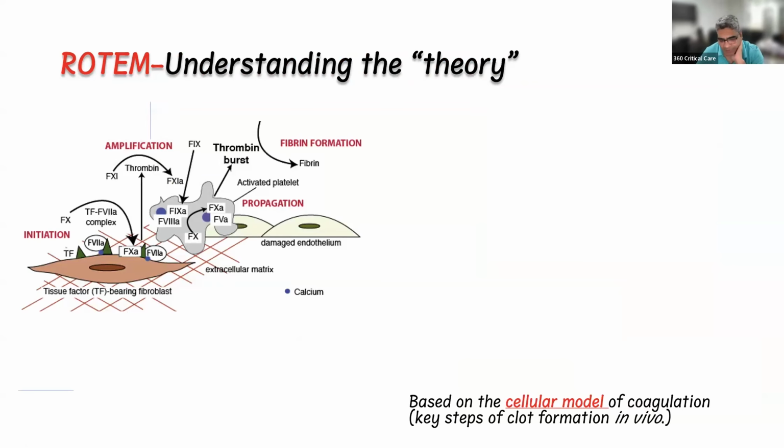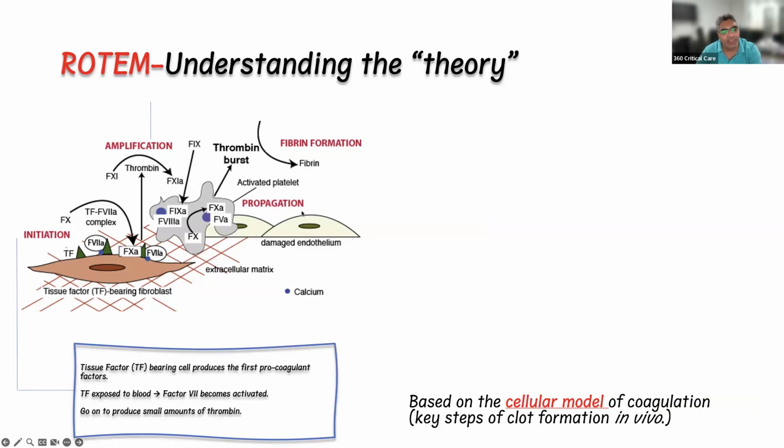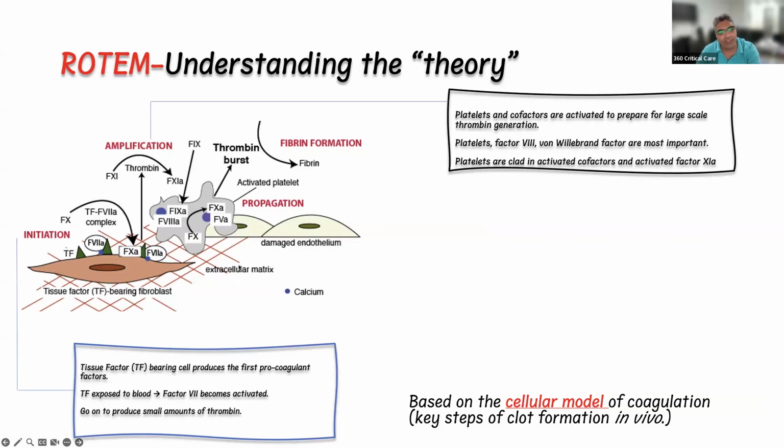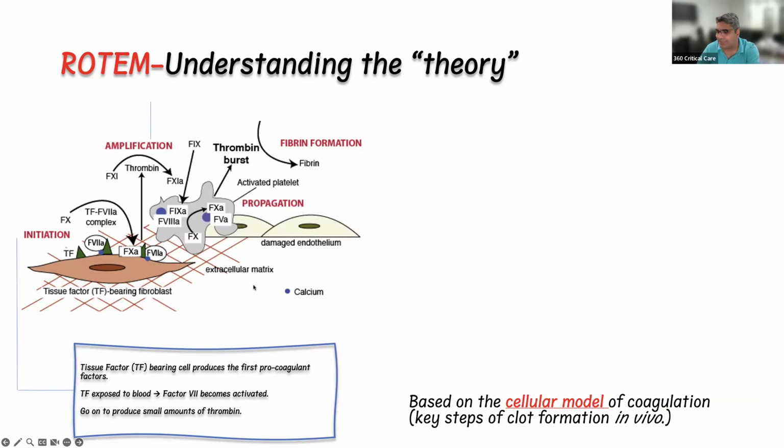Now, a little bit of theory that you need to understand, because the whole process of clot formation or coagulation is divided into three major phenomena: initiation, amplification, and propagation. Between amplification and propagation, the phase of fibrin formation happens. Initiation happens with tissue factor, which is the main starting point for coagulation, a procoagulant factor.